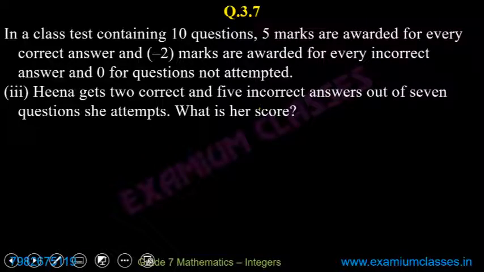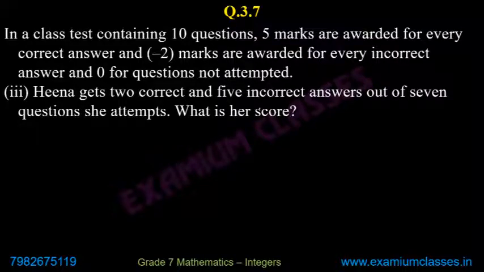Next part. Hina gets 2 correct and 5 incorrect answers out of 7 questions she attempts. What is her score? Tell me the answer now. Ashrit, Siddhi, Arush. Quick and correct answers. I need answer from everyone.